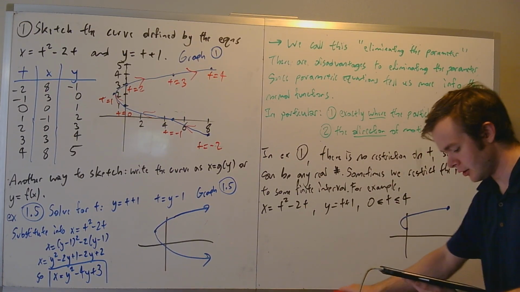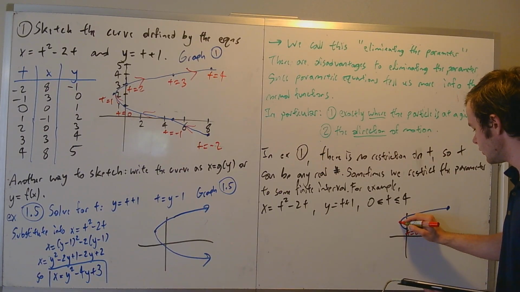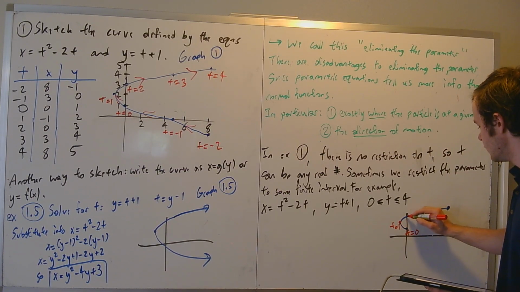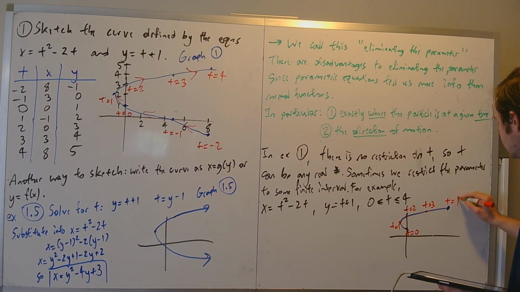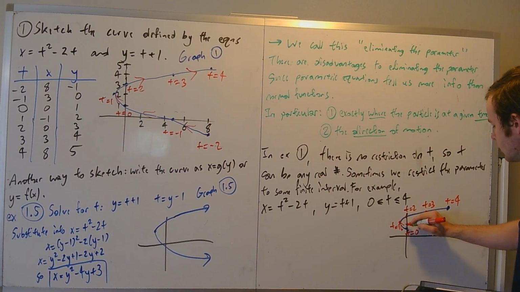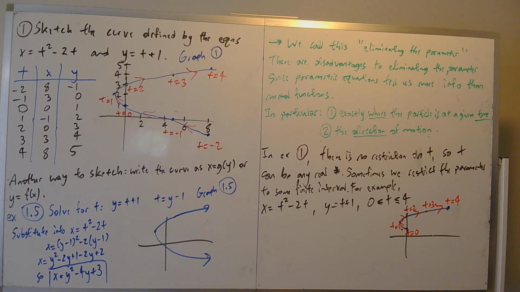If we wanted to plot out the points that we had, this was at t equals 0, this was at t equals 1, this was at t equals 2, this was t equals 3, and this point was t equals 4. And we know that we're going along this direction, right? So that's the information that it gives us. So notice that's just part of the parabola starting here and ending here.